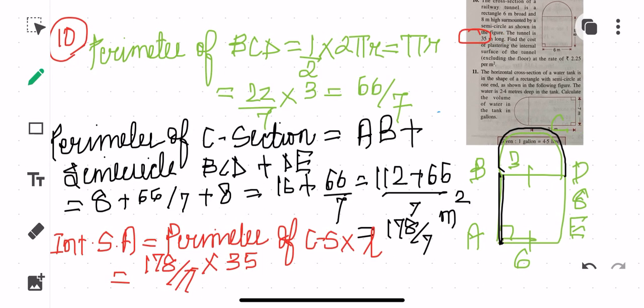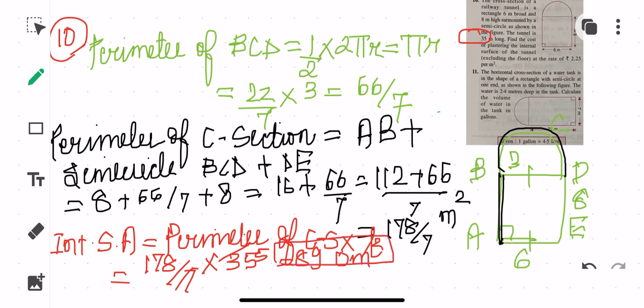I'll just write it down. The screen is getting shaky. So this becomes 5. So 178 into 5 is going to be how much, children? This is coming out to be 890. So 890 meters square is what you are getting as the surface area, the internal surface area.